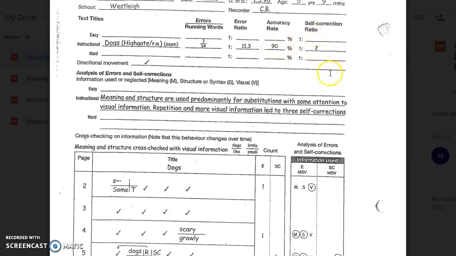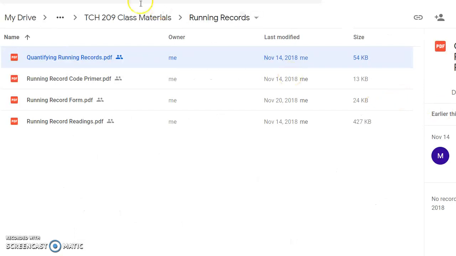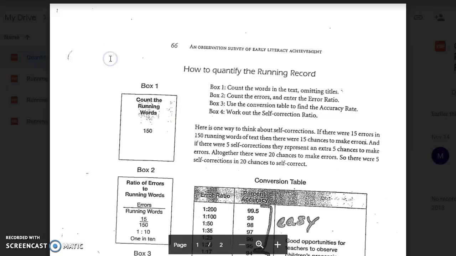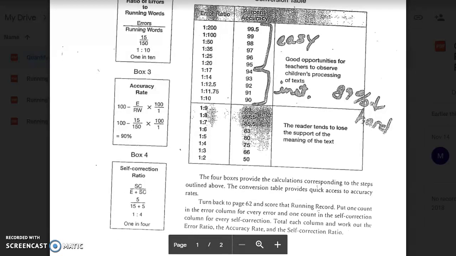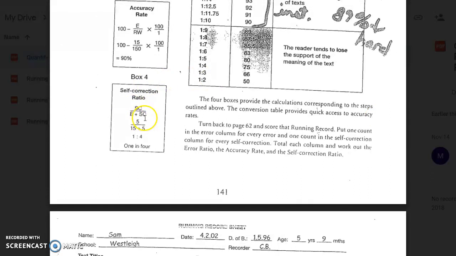Then his self-correction ratio. Remember, when we look at our quantification sheet, to figure out our self-correction ratio, you take the number of self-corrections over the errors plus self-corrections.